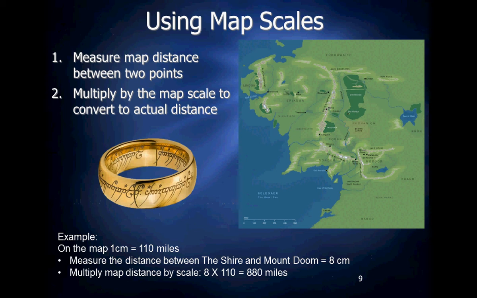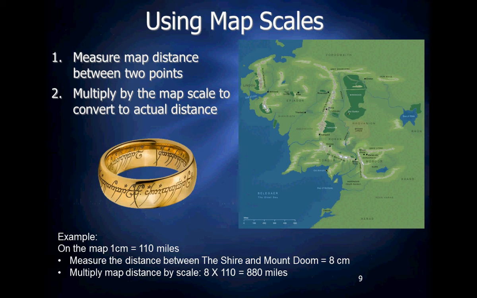It tells you a certain distance on the map equals a certain distance in real life. There are all different scales to maps. We can have 1 centimeter equals 10 kilometers, or 1 centimeter equals 1,000 kilometers.